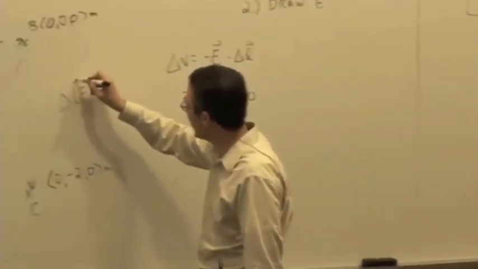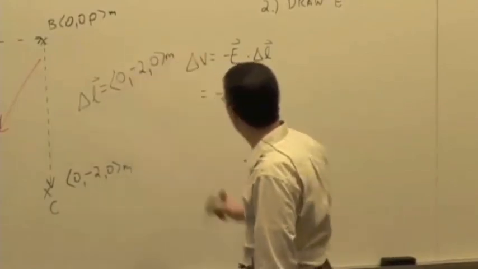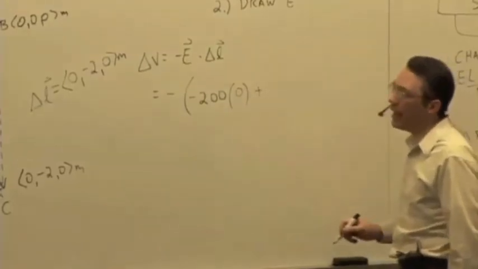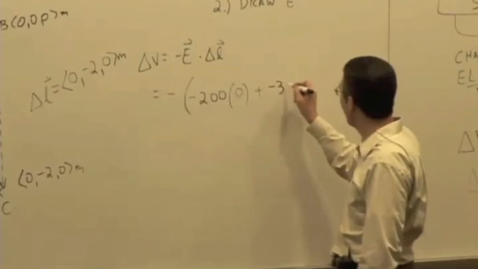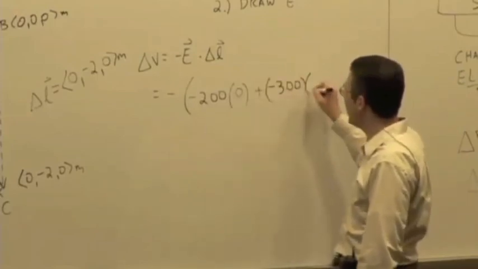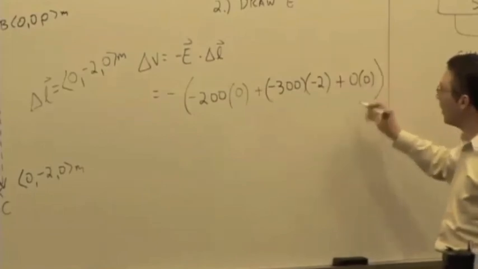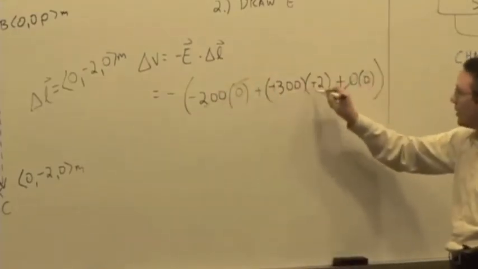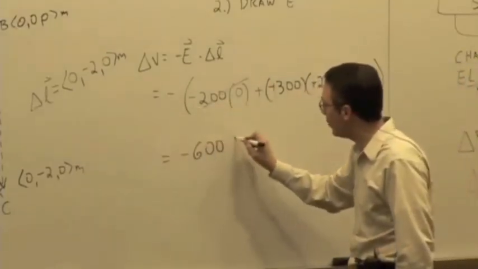Delta L is again 0, negative 2, 0 meters. Times 0, plus negative 300 times negative 2, plus 0 times 0, all negated. So that's 0, that's 0. This gives a positive 600, and then we multiply by a negative sign. We get negative 600 volts.